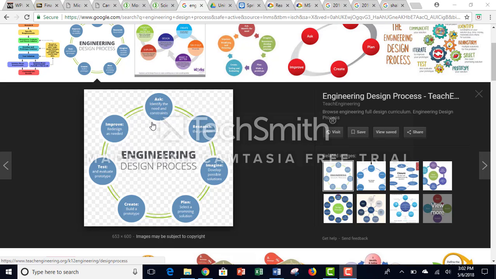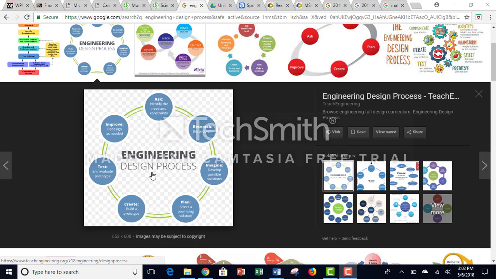Students are supposed to use this process while learning science. So our lessons incorporate a lot of engineering and this process. This is how the district wants students to learn science. So my lesson is based around this process.